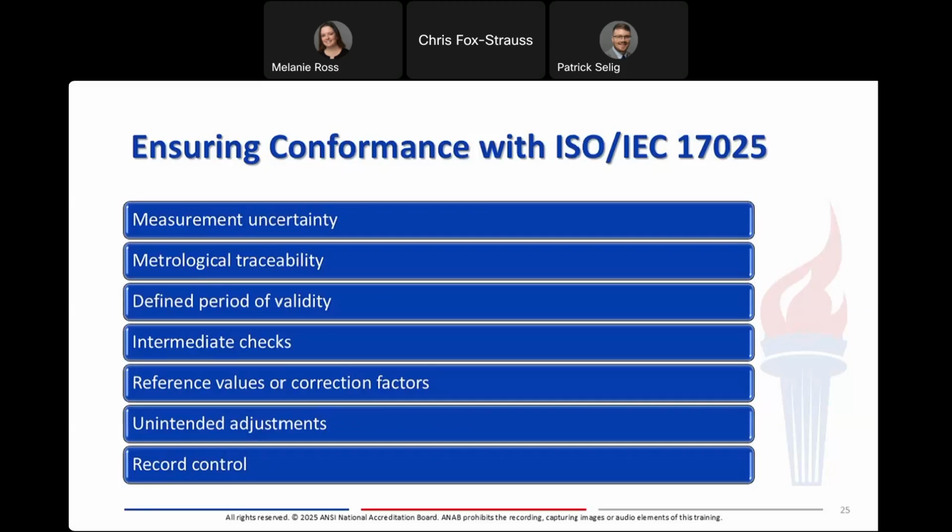Intermediate checks must be documented, defined, and recorded as they're performed, as well as any reference values or correction factors where applicable. There also needs to be consideration of unintended adjustments of equipment. Testing laboratories conform to this requirement, but there are additional considerations when calibrations are being performed in-house. And then, as I stated previously, the additional record control requirements for calibration records and reports would need to be implemented in the laboratory.